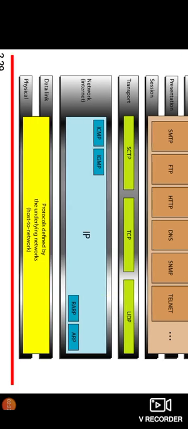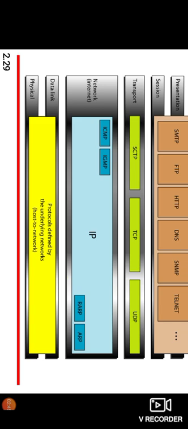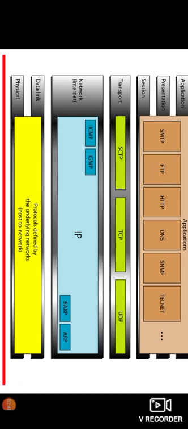The TCP/IP contains the host to network layer, which is the combination of the data link layer and the physical layer. At the host to network layer there is no specified protocol, but they use the protocols defined by the underlying networks. Then the network layer is also known as the internet layer.